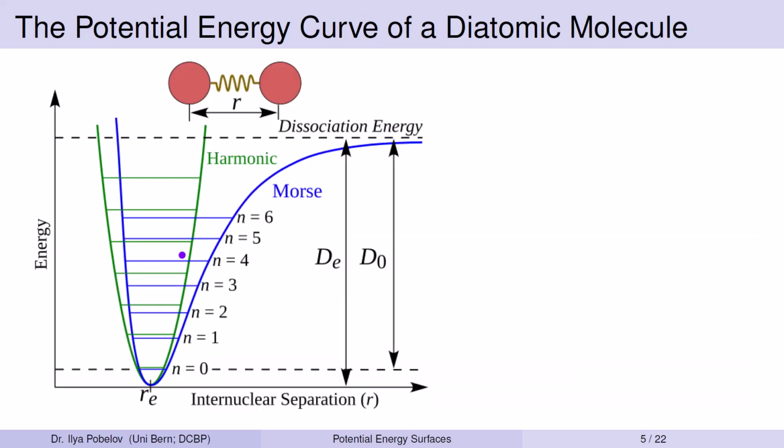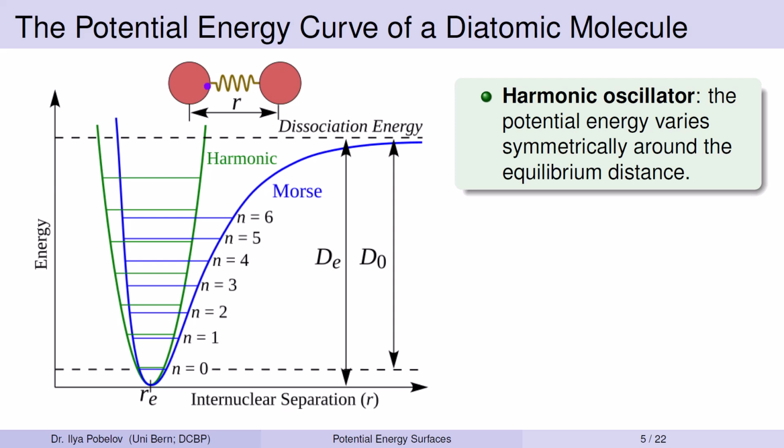In a simplified model, we can represent a diatomic molecule as two spheres connected by a spring. This approximation follows the harmonic oscillator model, where the potential energy depends on the bond length and varies symmetrically around the equilibrium distance.